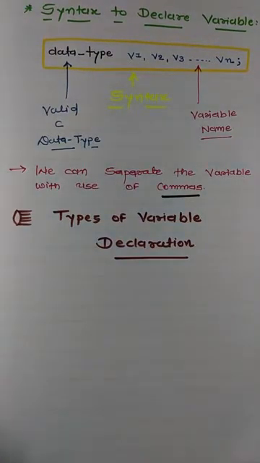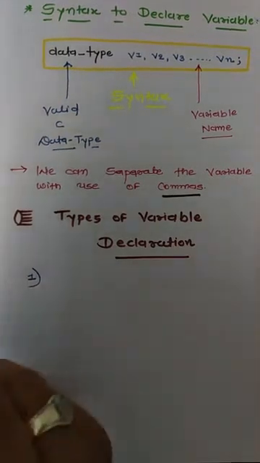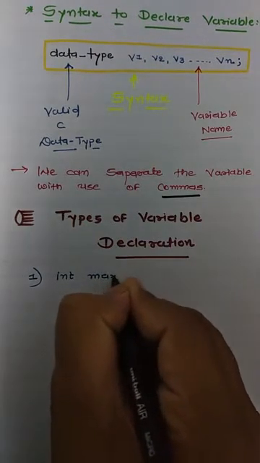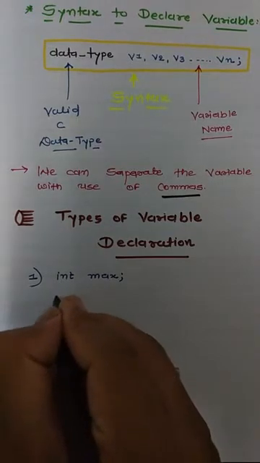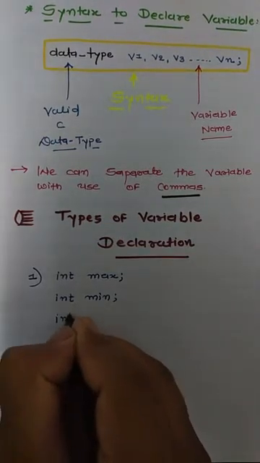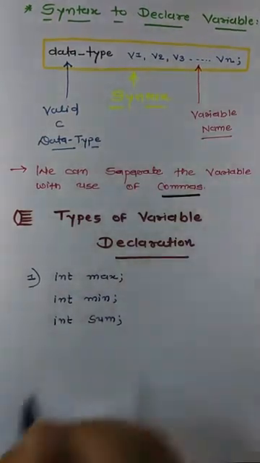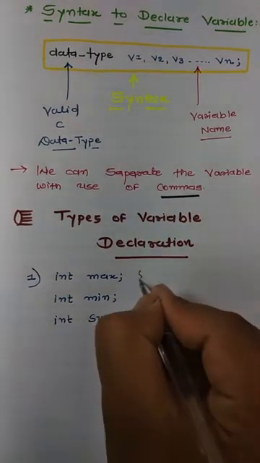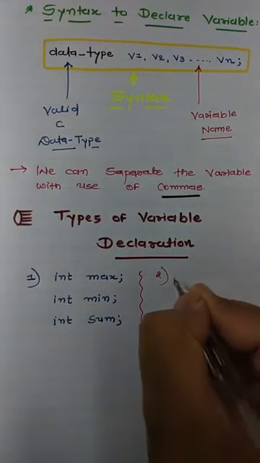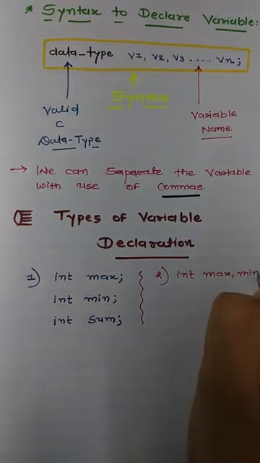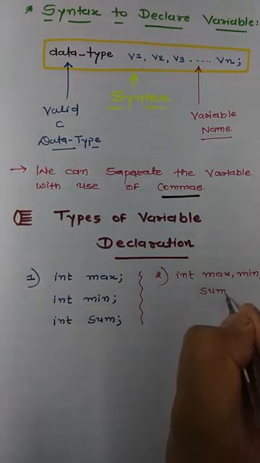So first you can declare the variable like integer max, integer min, integer sum, like that, and the same variables can be declared as integer max, comma min, comma sum.